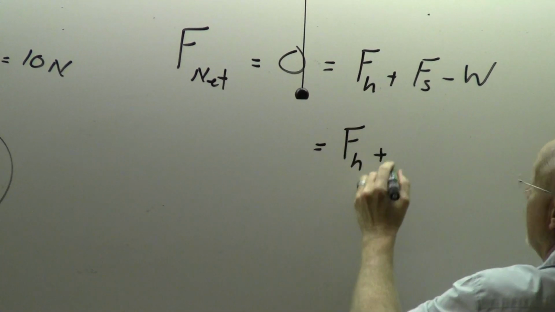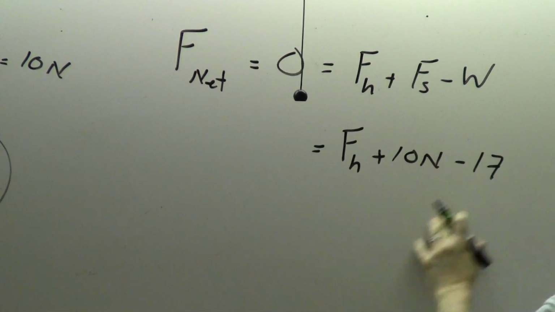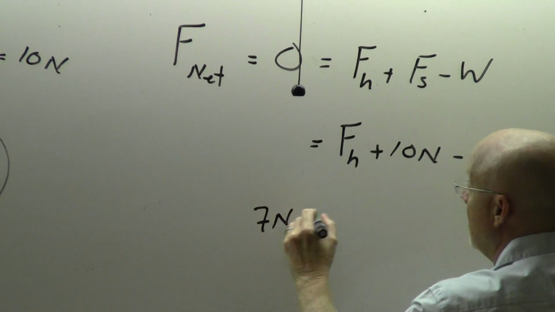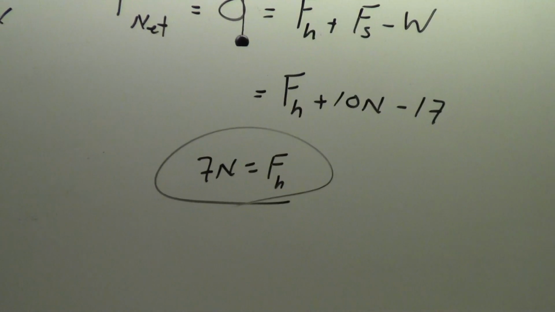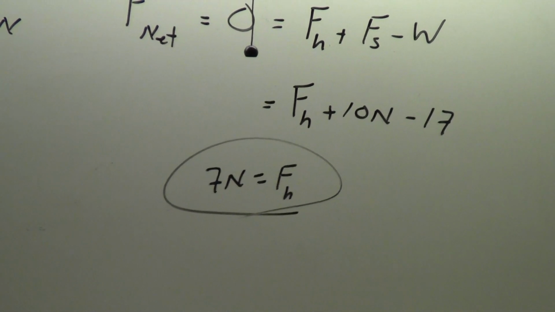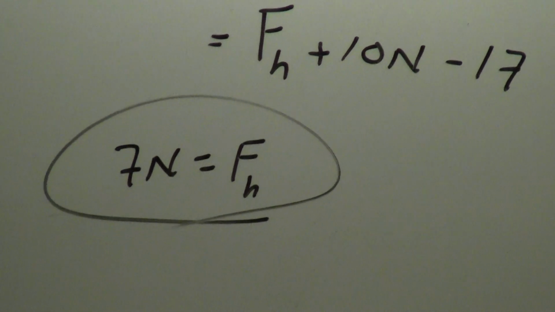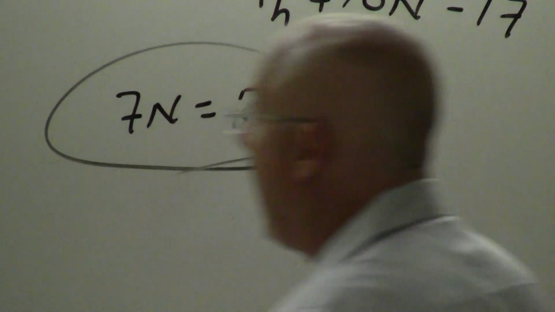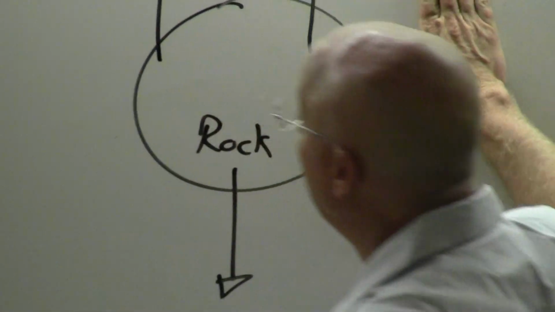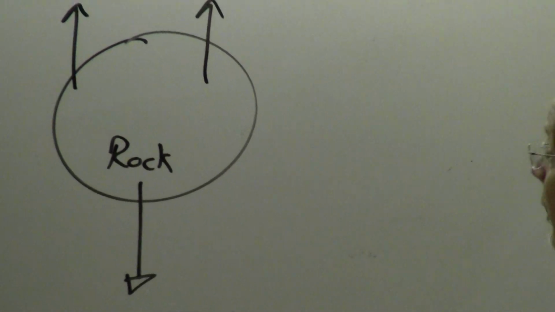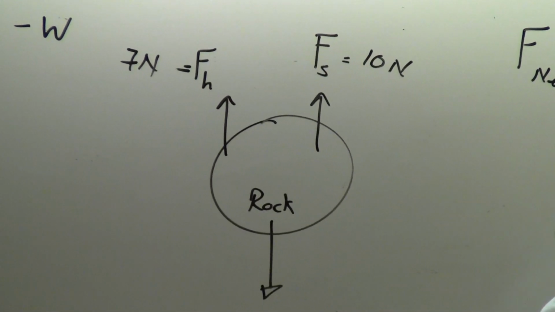My hand, I get the reading on the scale, I get the weight, this right here, moved to the other side, is really telling me that the only reason the scale reads different is because my hand is doing part of the work of lifting it up. My hand is doing 7. And so my hand is lifting up with 7 newtons, and the scale is lifting up with 10 newtons. The two together add up to 17 because that's how much the rock weighs.